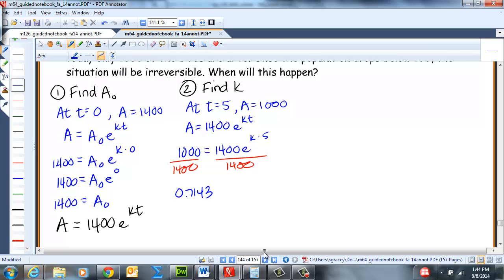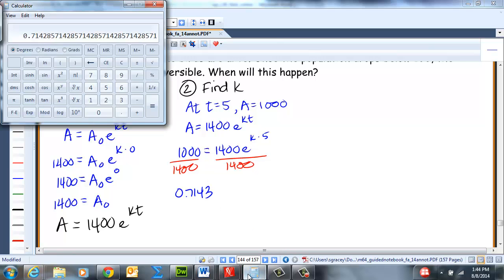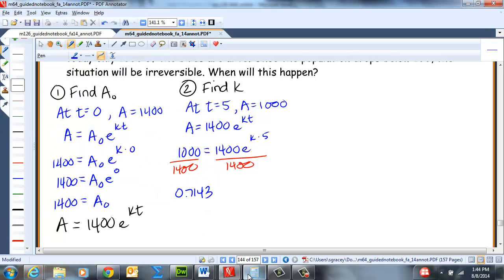So that is approximately equal to e to the 5k. Evaluating the natural log of both sides, we'll get natural log of 0.7143 is approximately 5k. And then you divide both sides by 5 to isolate k.